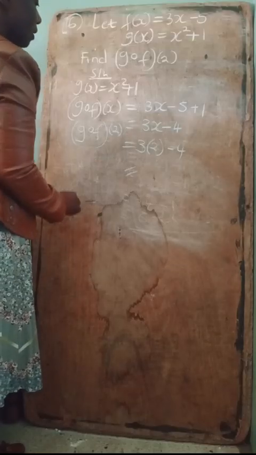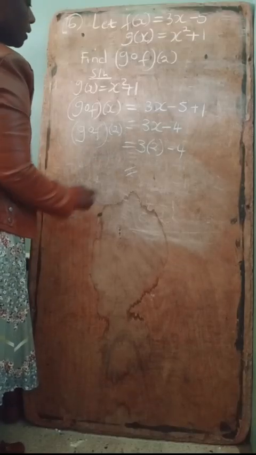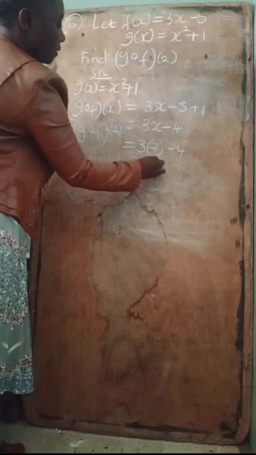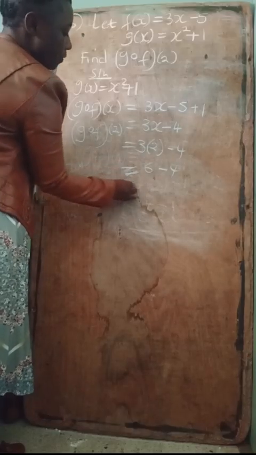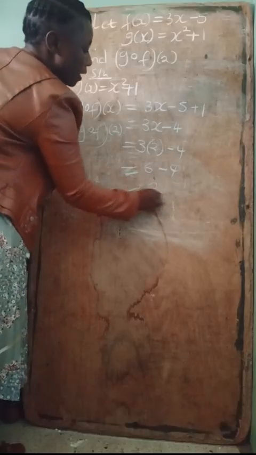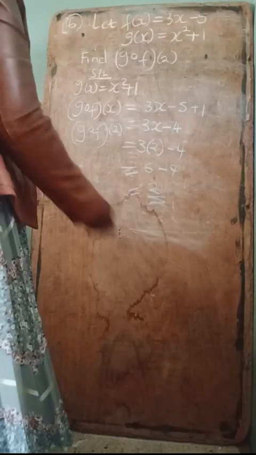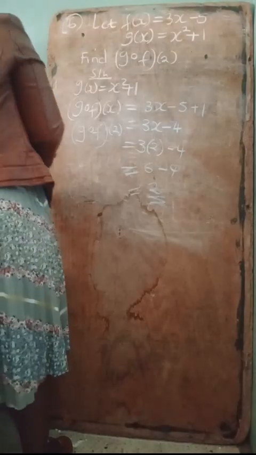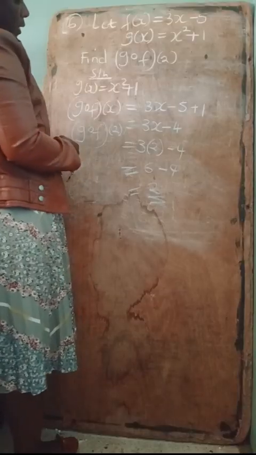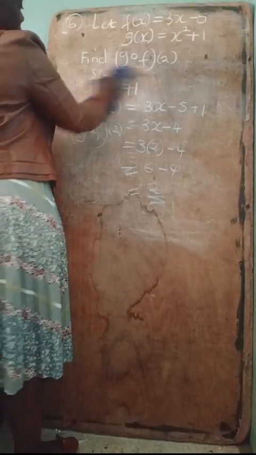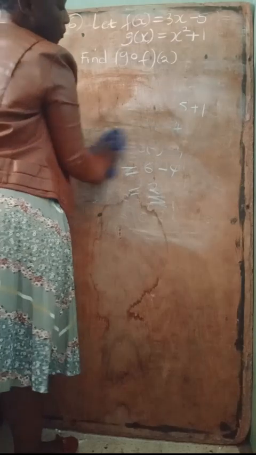So from there, we are going to discover that this and this will give us a 6 minus a 4. So finally, when we simplify that, we are going to find an answer as a 2. Okay? We move on to another yet exciting question again. Hope you are able to follow what I'm doing here.